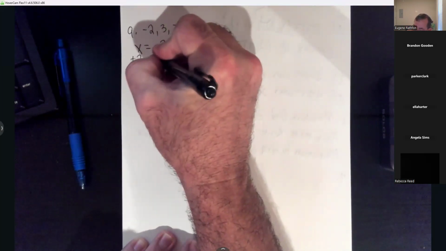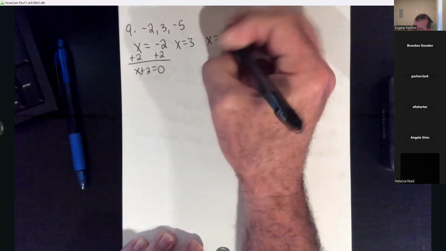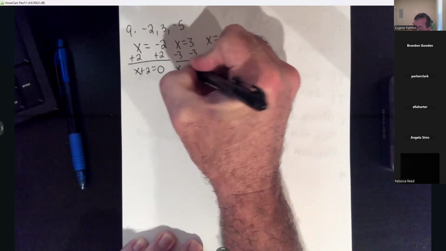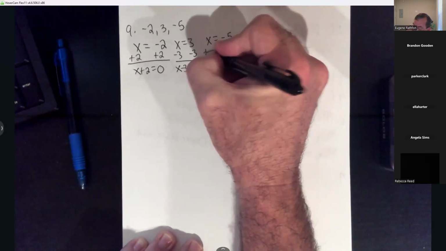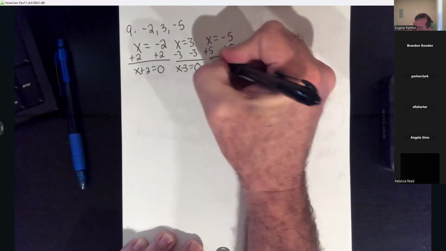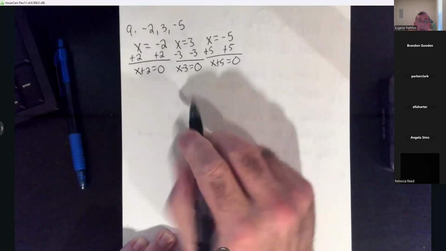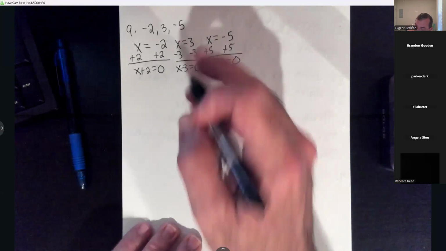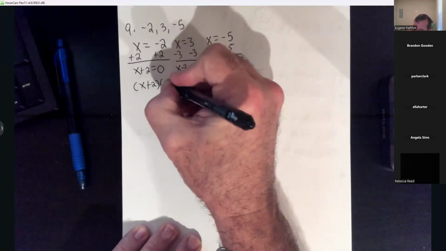So add 2, subtract 3 from that one. And remember, I'm just trying to get zeros on the right side. And then here, since that's negative, we will add 5. All right, we had 3 equations equal to 0. So this is where I put everybody in parentheses and set this whole thing equal to 0.